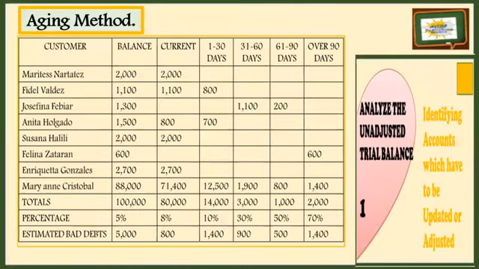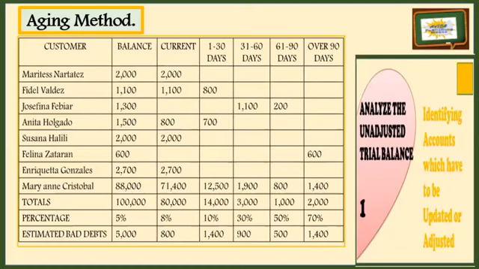So, based on the method of using percentage of receivable, there is also what you call aging of receivable. In general, the longer an account balance is overdue, the less likely the debt is to be paid.